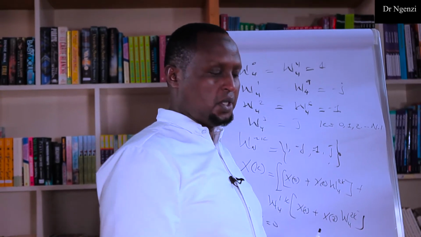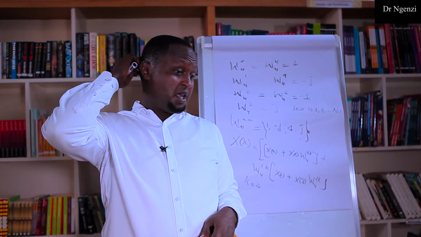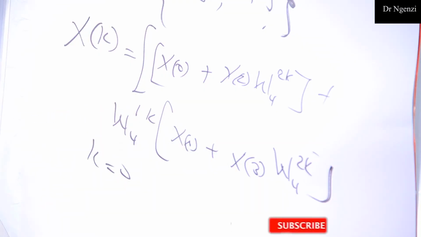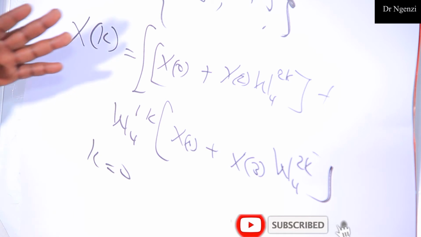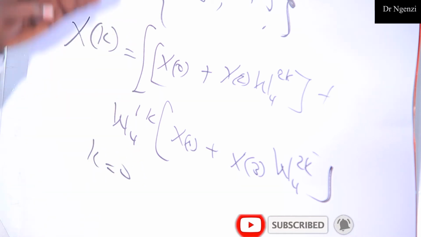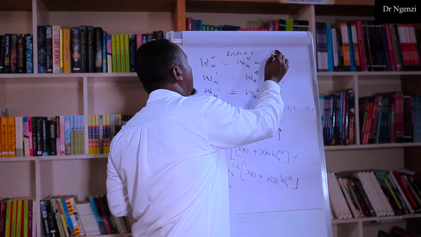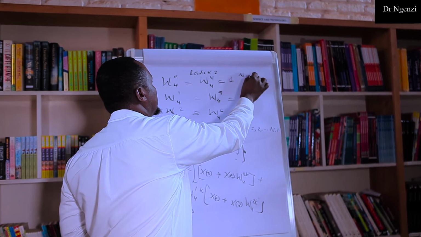You can substitute at any number, then you can get your points. So this is where we are using n, the RADIX-2, using n equal to 4, for example.